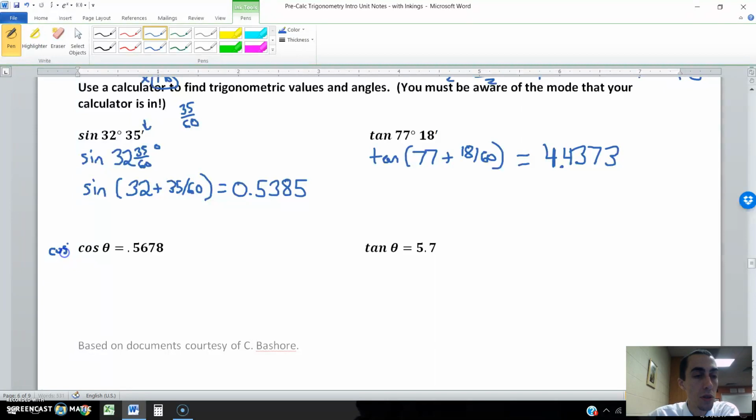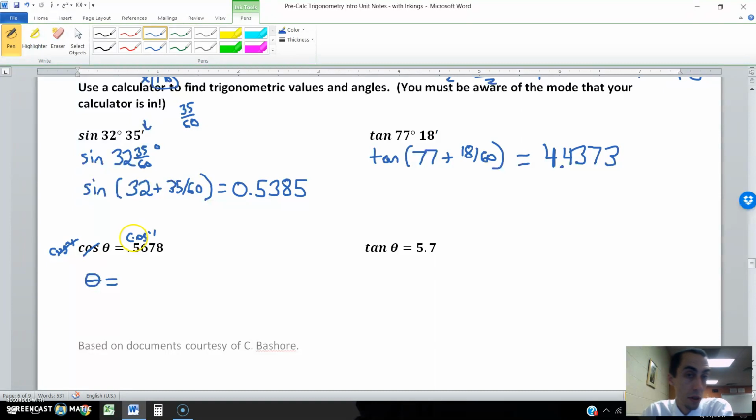So if we do cosine inverse to both sides, then that's going to undo this cosine here. Cosine inverse undoes cosine, and we're left with theta on the left side of our equation.